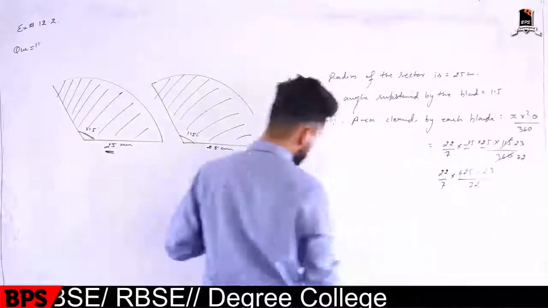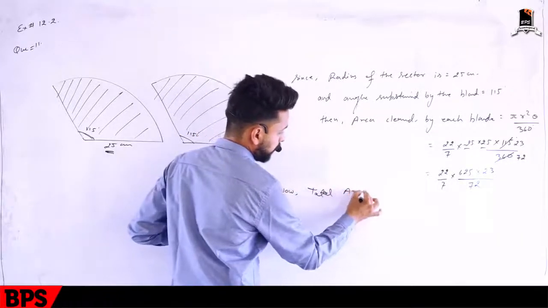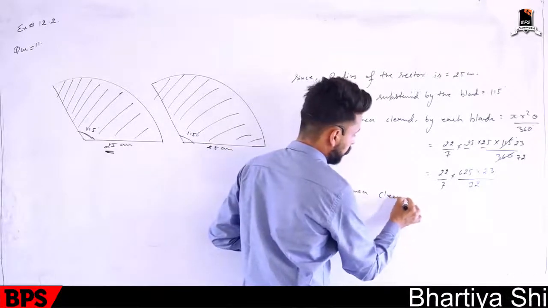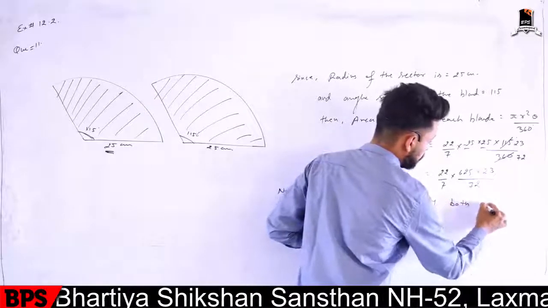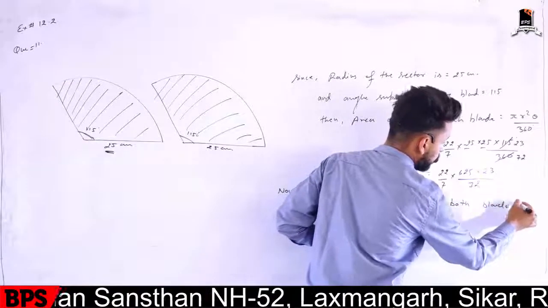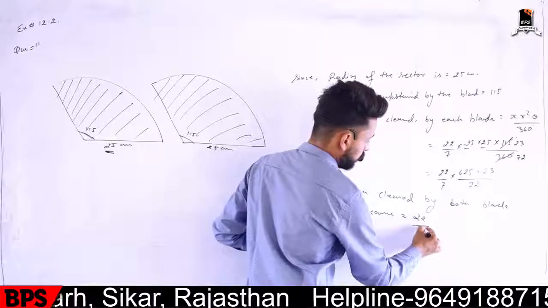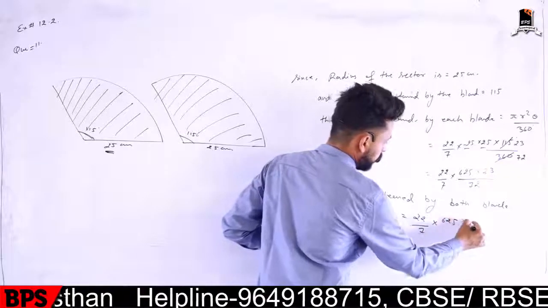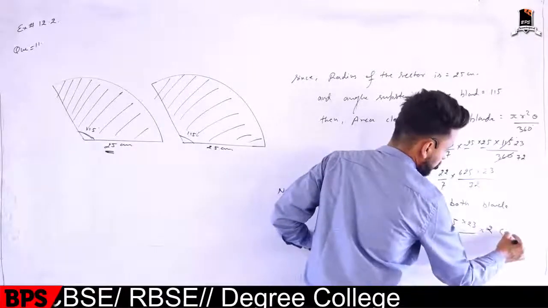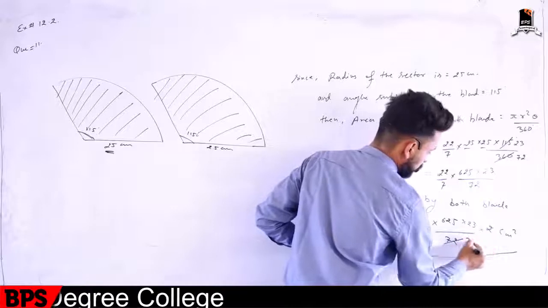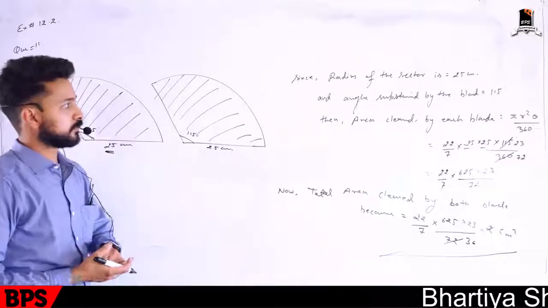So now the total area cleaned by both blades becomes 22 upon 7 into 625 into 23 upon 72 into 2 centimeter square. You have to calculate this. Done.